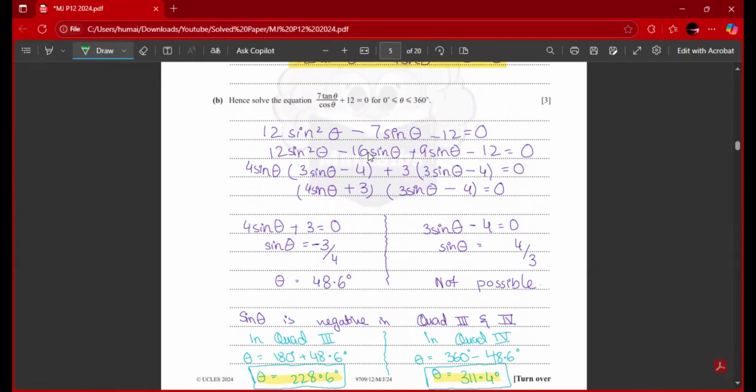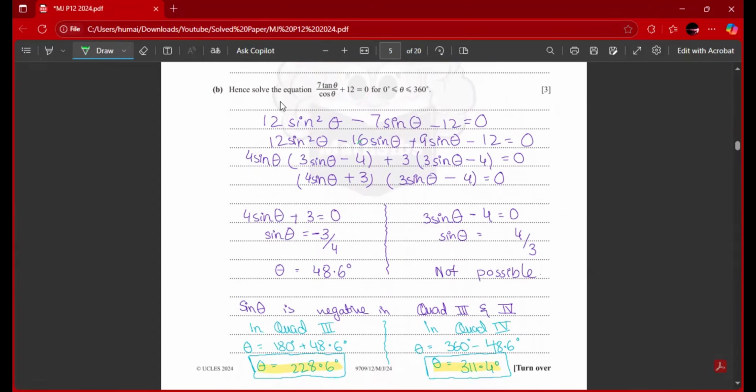So this quadratic equation is being solved by factorization and splitting the middle term. So 12 into 12 is 144. And the factors of 144 that, after subtracting and adding or whatever operation you do between plus and minus, give us a minus 7 are 16 and 9.